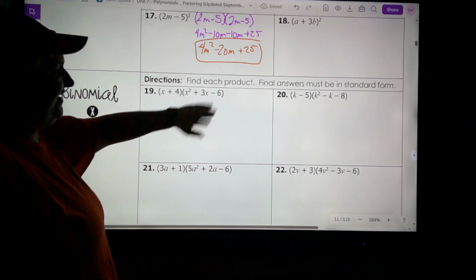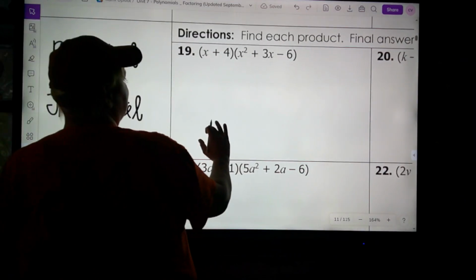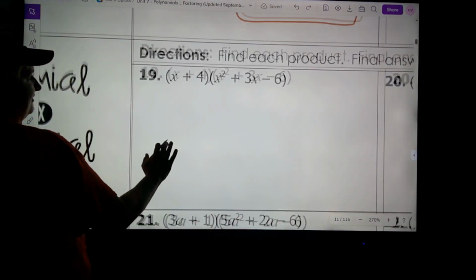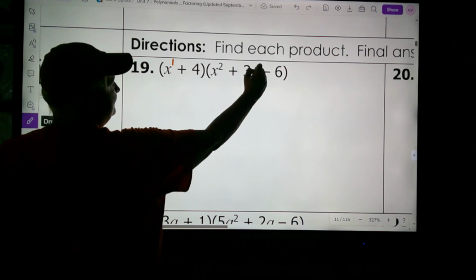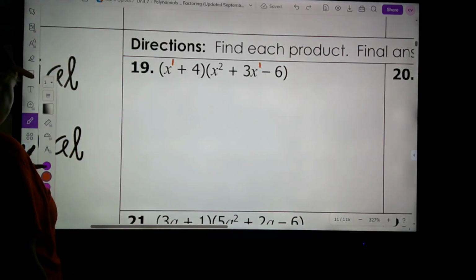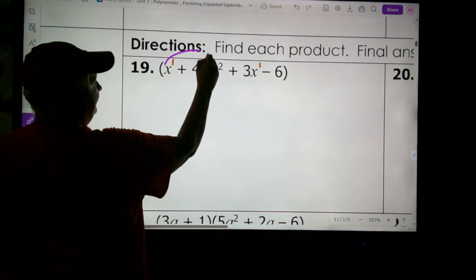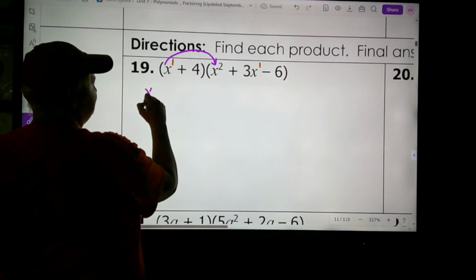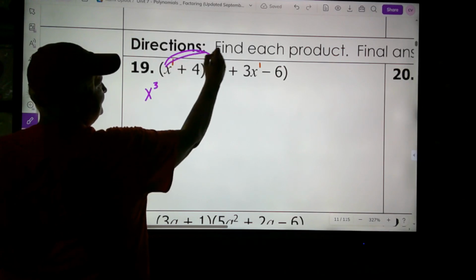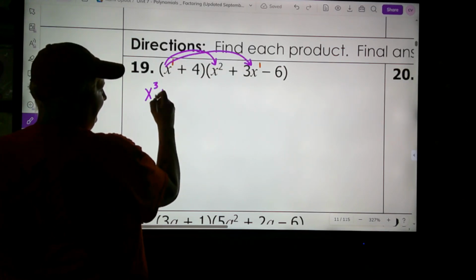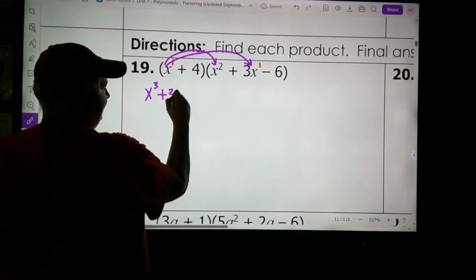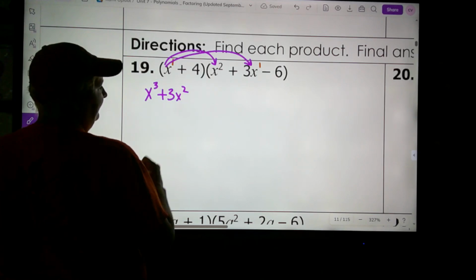Find each product, the answers must be in standard form. All right, slowly, step by step, let's do this. X times x squared, x to the third. X times 3x is, don't forget your operator, plus 3x squared.